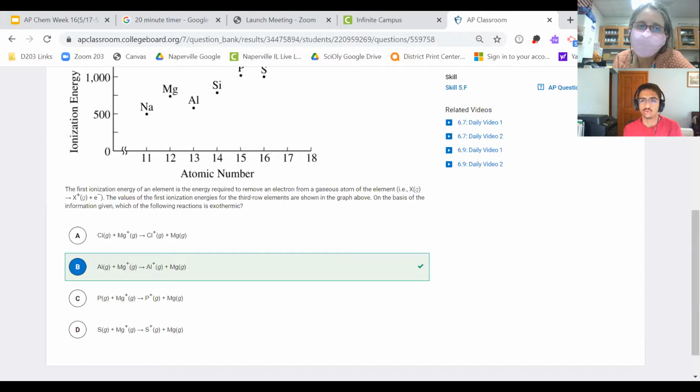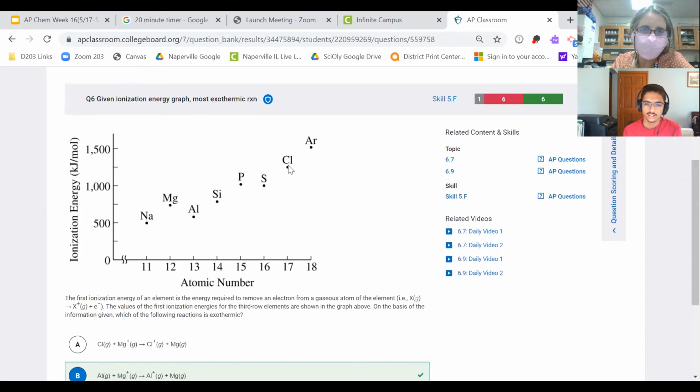So how does that make it the answer? Because you have extra energy at the end, because the aluminum is not the same quantity as the magnesium was. In this case, it's asking which reaction is exothermic. So would all of the other three be endothermic, and why?